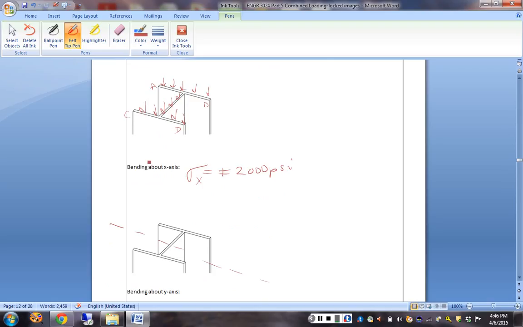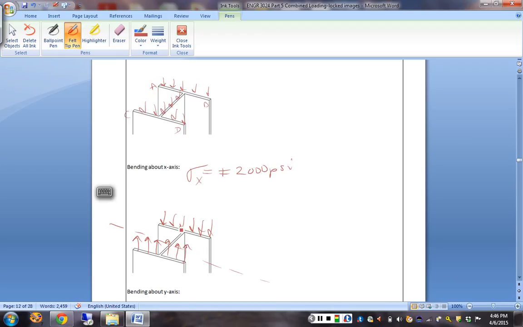So the AB side needs to be the compressive side for bending about this axis. Is everybody with me on that now? Okay, so this guy is compressive everywhere. This guy is tensile.